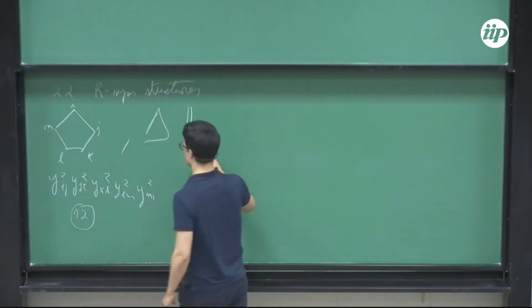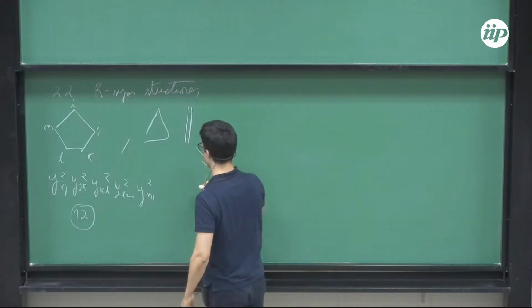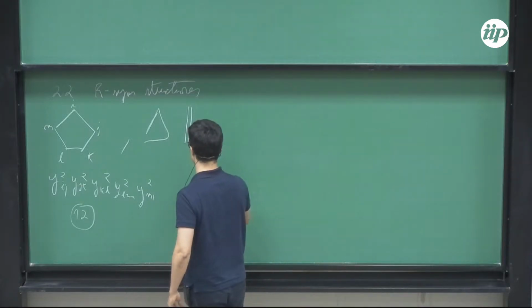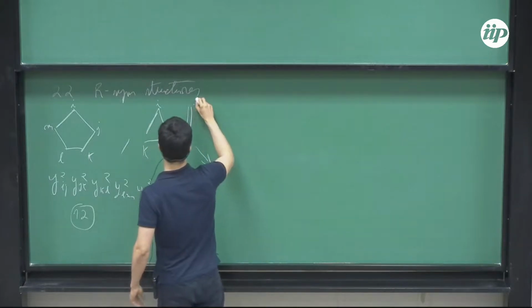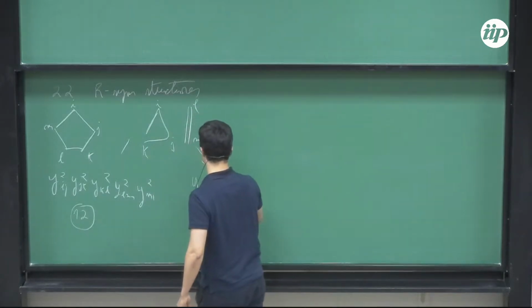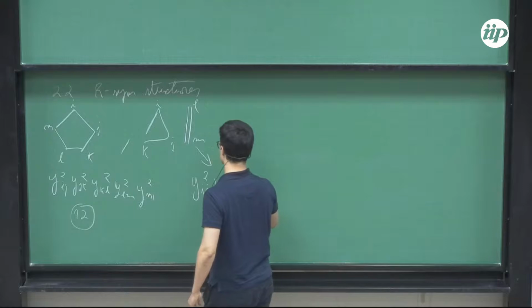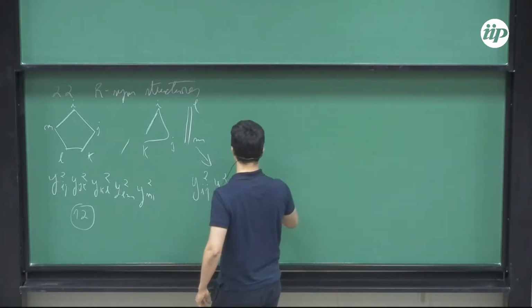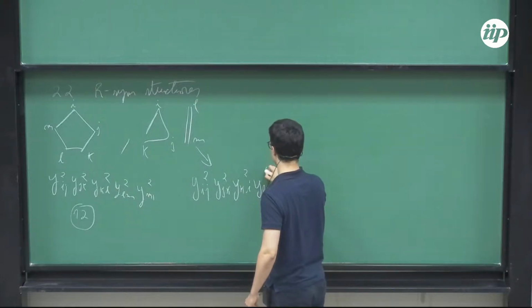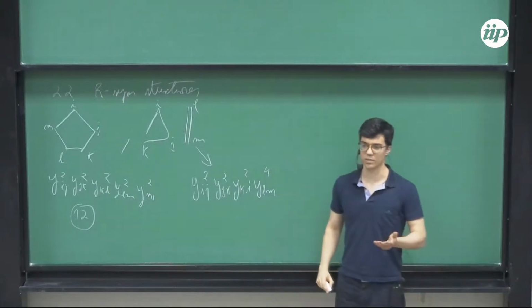Right, and there are 10 of these, which basically correspond to the other only possibility, which is, if I write here I, J, K, L, M, this is I,J square, J,K square, K,I square, and L,M to the 4, okay? So these are the 22.